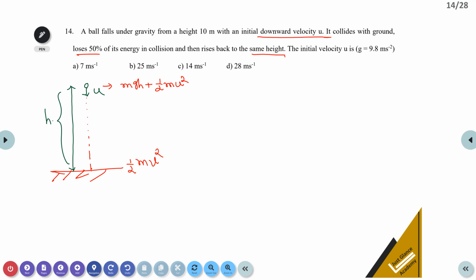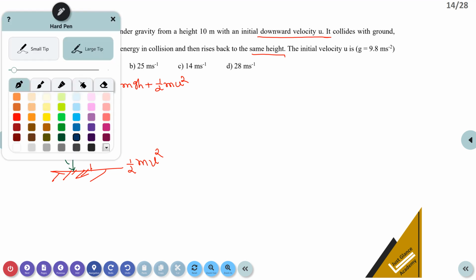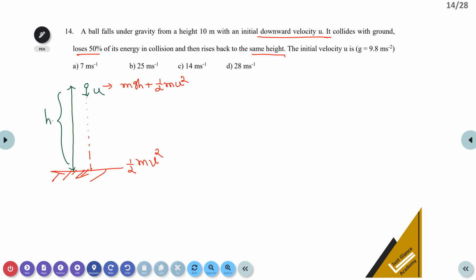Followed? Now, after reaching the floor, it will rebound. It goes back to the same height. Okay, fine.